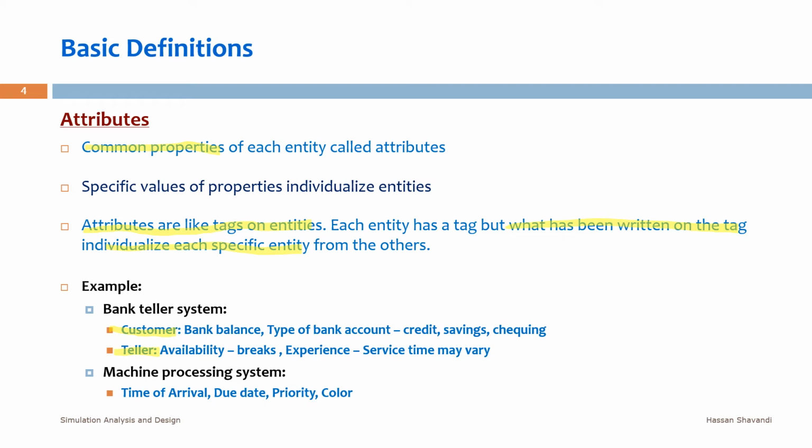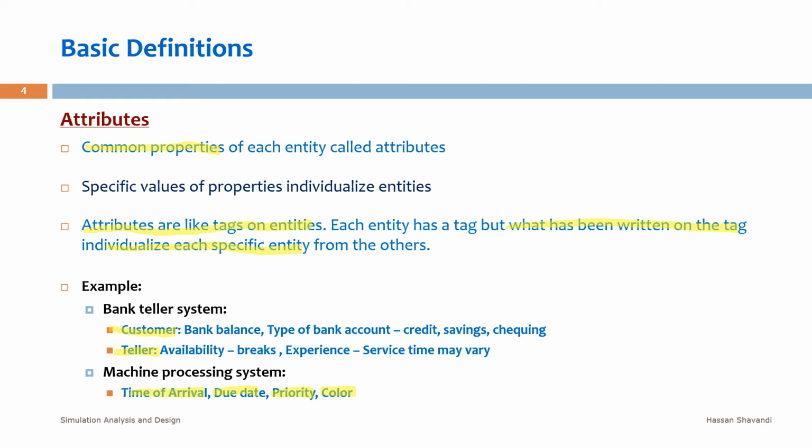And in a machine processing system, for the orders, or let's say for the parts or for the orders, we have time of arrival of that order or part, and due date, again for the orders or for the parts, priority among the parts or orders, and also color of the parts could be different among the orders.